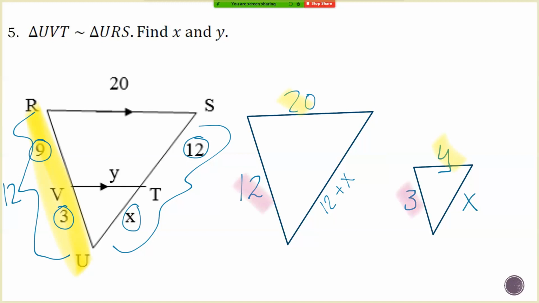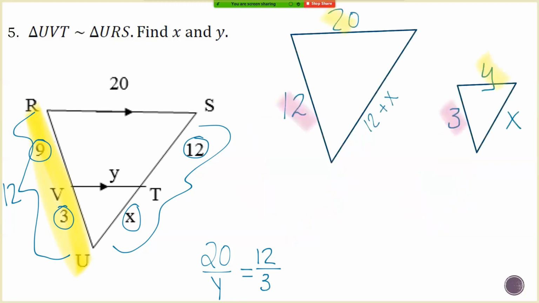So I'm going to make my proportion 20 over Y equals the pink numbers. I'm using 12 for the big triangle, 3 for the little triangle. And then I am going to cross multiply.